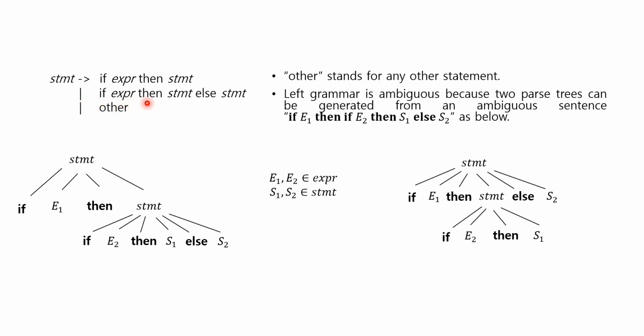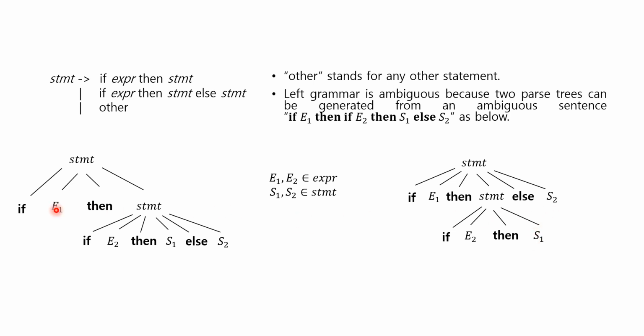The expression is replaced by E1, then the first statement can be expanded to if expression then statement, that is if E2 then S1, and the else statement is replaced by S2 following the third rule, other. So this parse tree also generates if E1 then if E2 then S1 else S2.